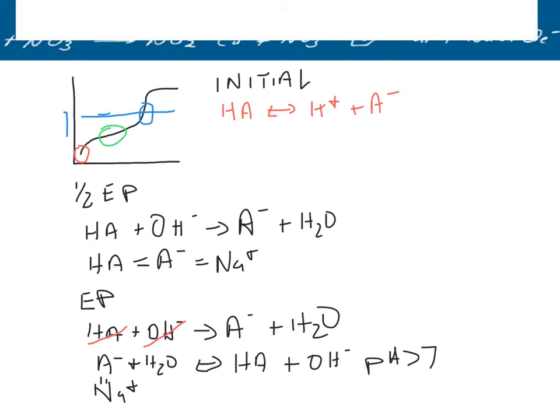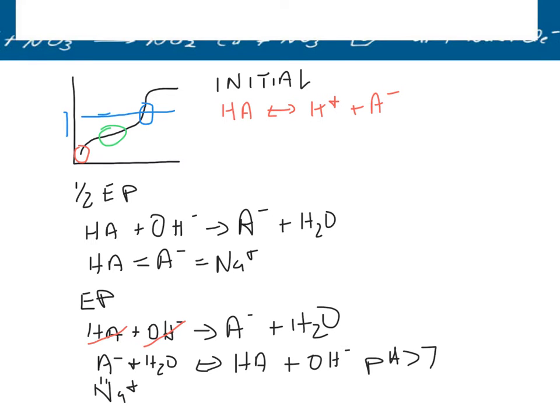But just like in this situation where we said we're not really going to consider the H plus and the A minus in the initial point because this has a very small K, similarly here, this has a very small Kb, so the amount of HA and hydroxide present are inconsequential compared to the amount of conjugate base and counter ion. They have to be there again because we've got a pH greater than 7, but if you were asked what are the major species present, just these guys.